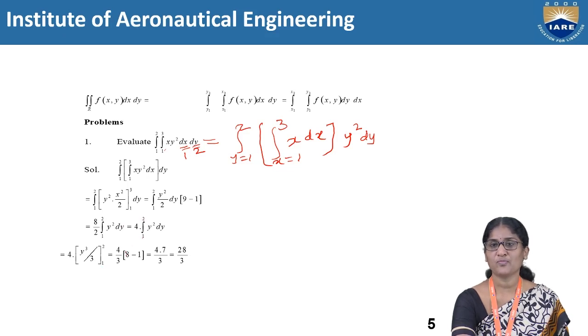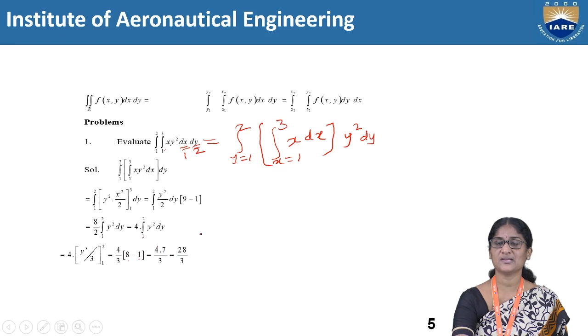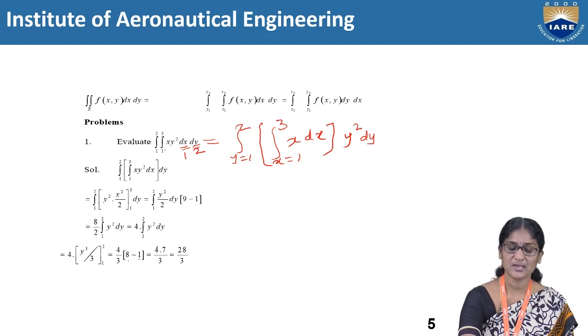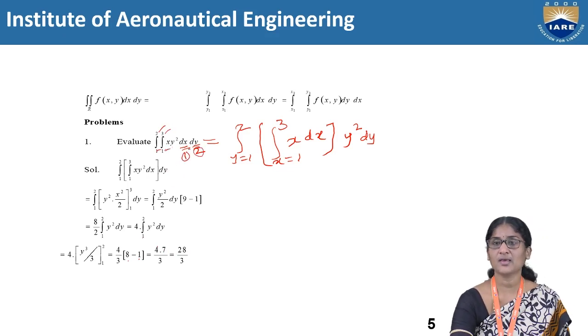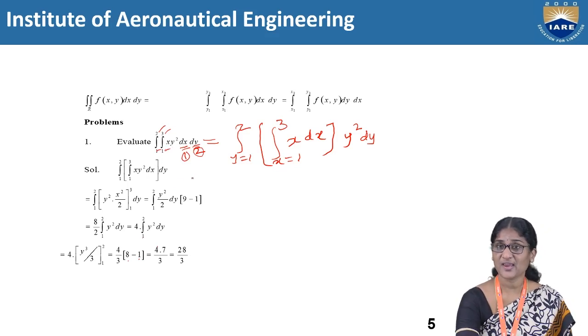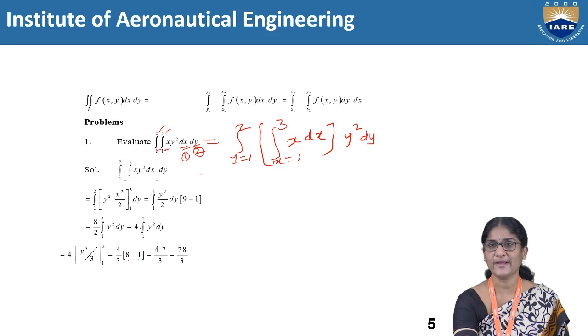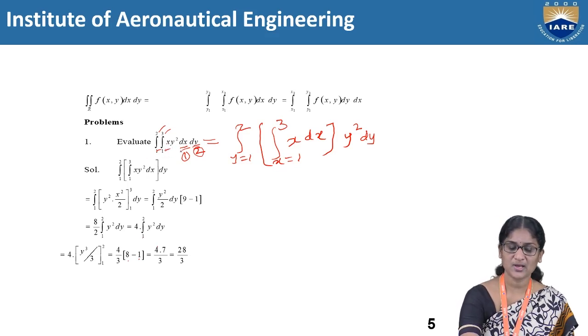So 4 by 3 into 8 minus 1, which is equal to 4 into 7 by 3, which is equal to 28 by 3. So always remember that whenever all 4 limits are constants, you just follow the order. If one pair of the limits are variables, then there is no need to find the order; you have to see which variable the limits belong to. Like that we have to do the problem.